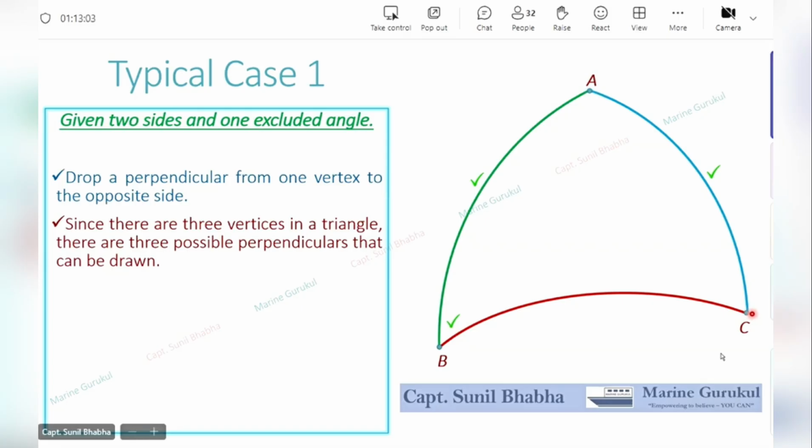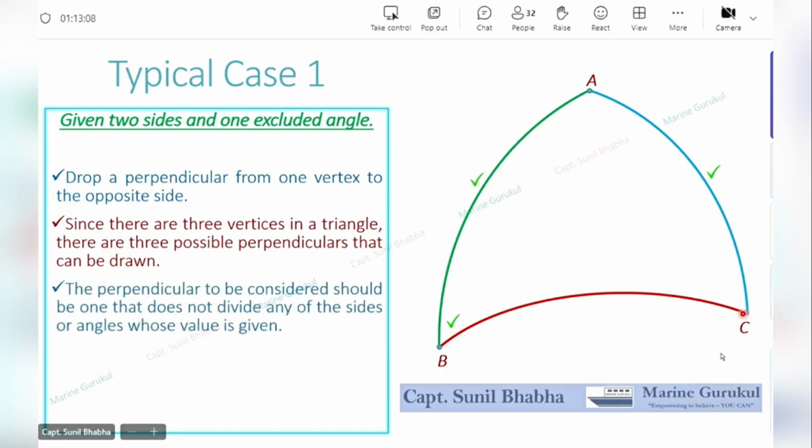Now which vertex should we choose to drop a perpendicular? For this, remember that the perpendicular to be considered for our solution should be the one that does not divide any of the sides or angles whose value is given to us.